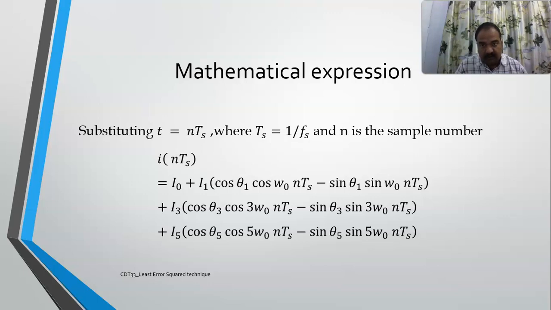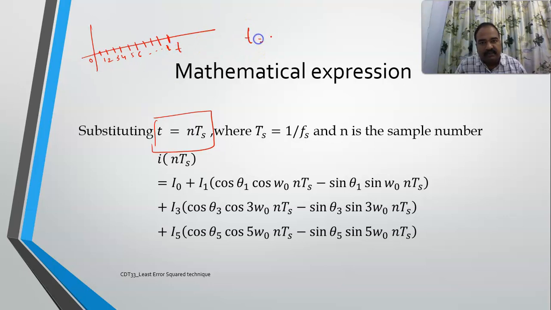See, my entire time I am now representing in terms of samples. So your entire signal of t is now divided into n number of intervals: 0, 1, 2, 3, 4, 5, 6, like that up to n.